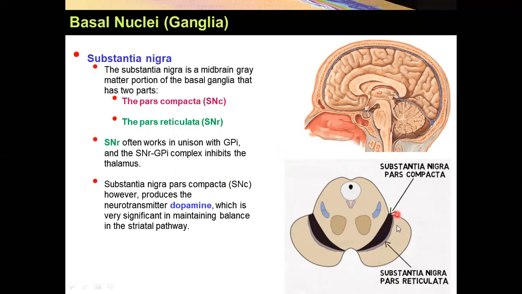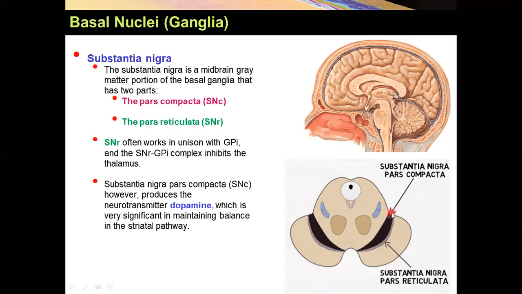And the outer part of the Substantia nigra is the pars reticulata, commonly used or shown as SNR. So the posterior part of the Substantia nigra is the pars compacta, and the anterior part is the pars reticulata.